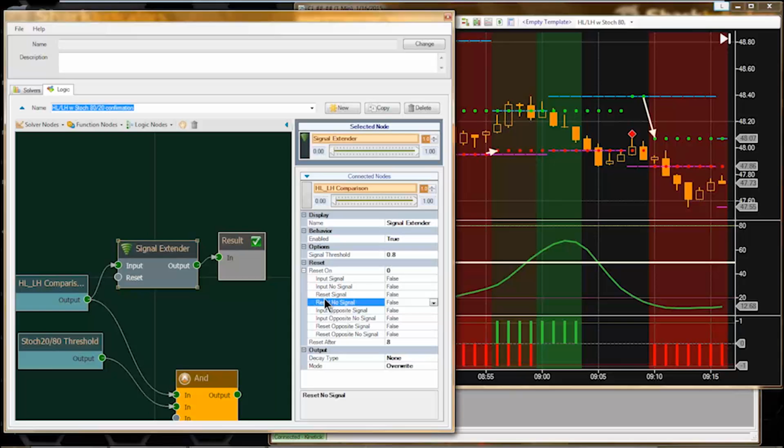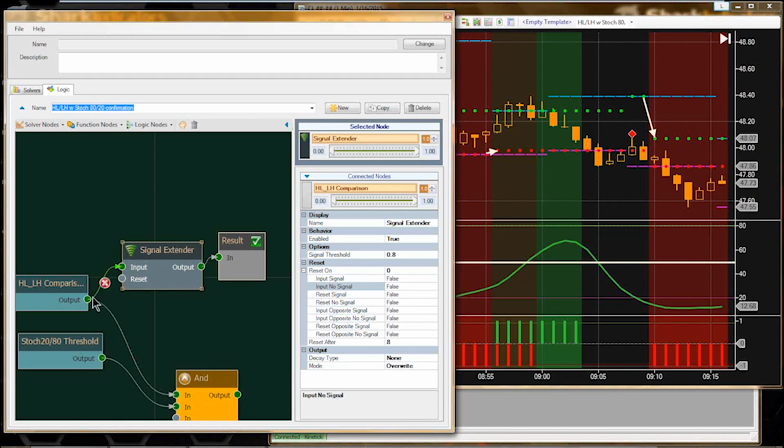Right? So we can see we have 1, 2, 3, 4 that start with reset. And we have 1, 2, 3, 4 of these options that start with input. So the ones that start with input apply to the input connector.